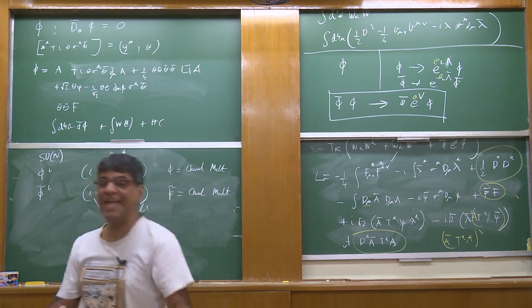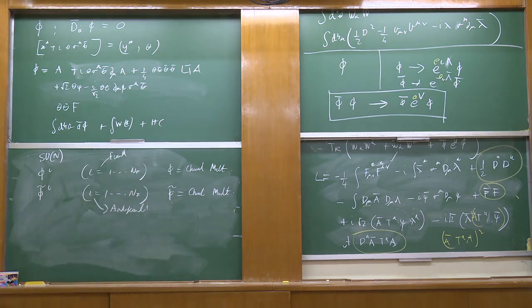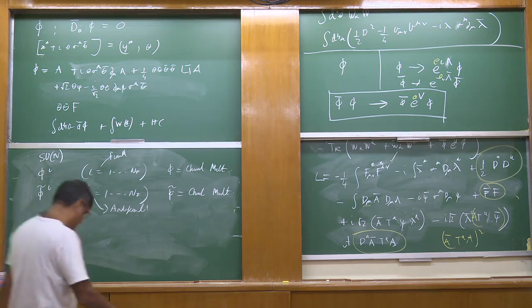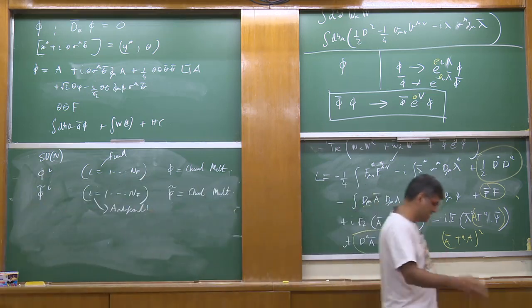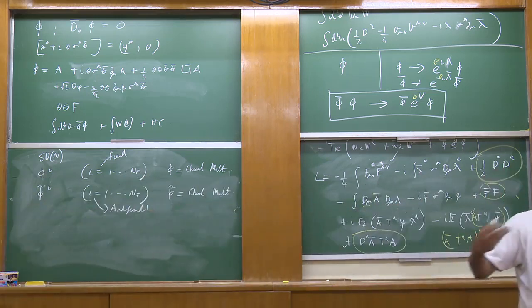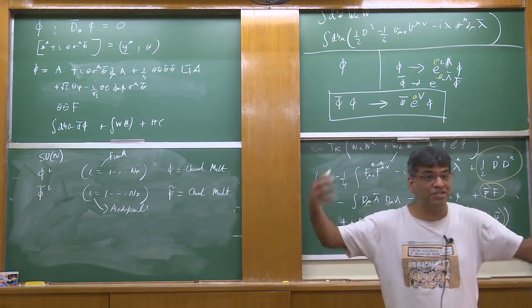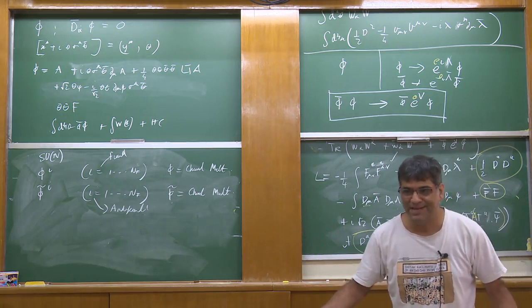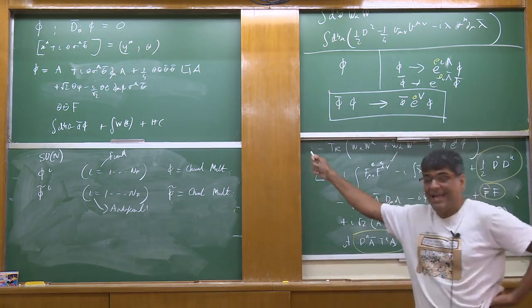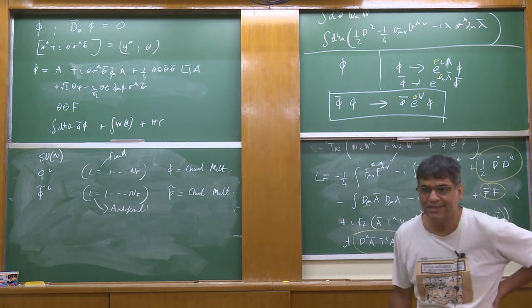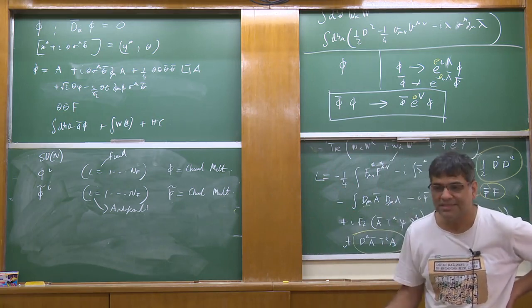If you compute the gauge anomaly, and we're going to be doing such computations as we go along, if you compute the anomaly of the actual gauge group, unless you have as many fundamentals as anti-fundamentals, you will find that the gauge group is anomalous.